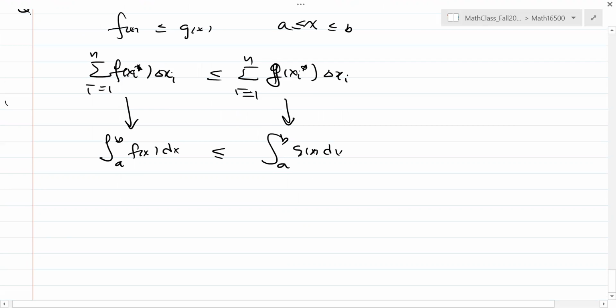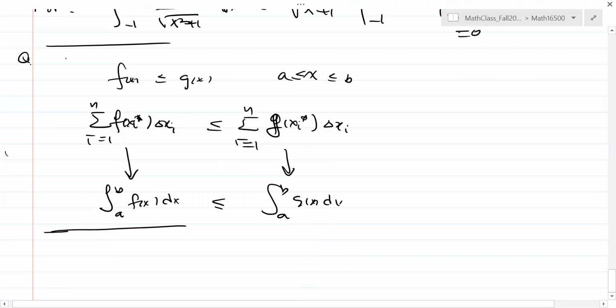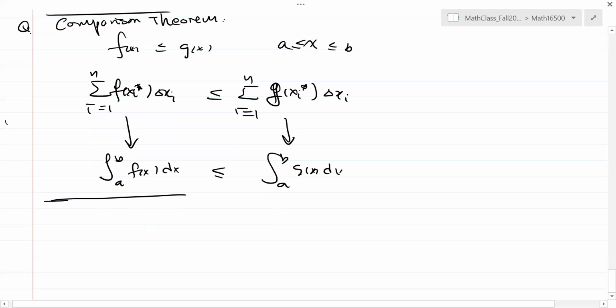That's the first thing. Second, what's the meaning of the integral again? So we have this comparison theorem. I think it's obvious. So we use the comparison theorem.